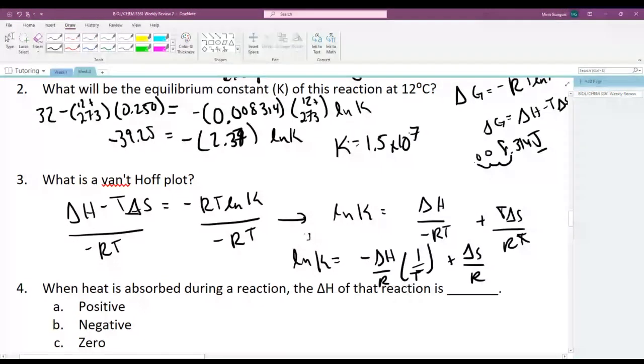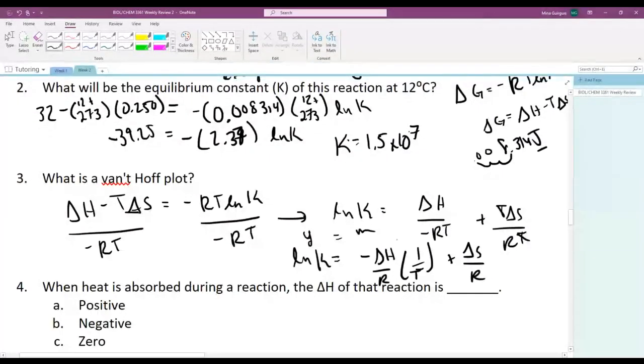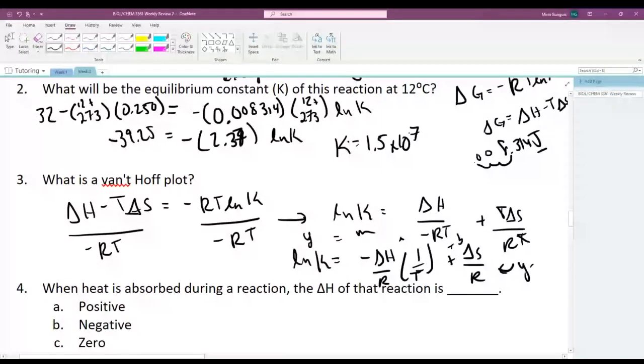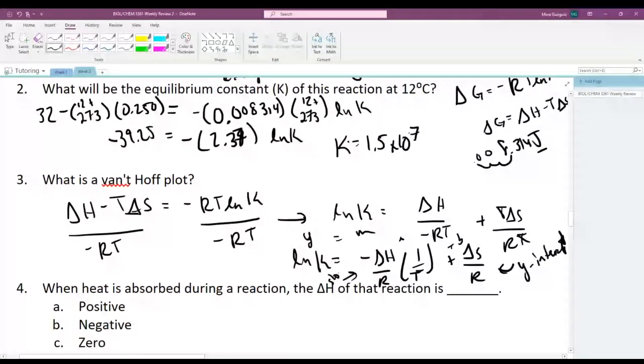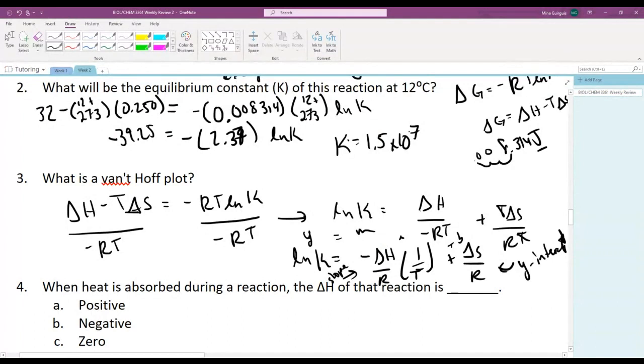Okay, so this is y equals mx plus b. So we know that our y-intercept is going to be delta S over R. We know that our slope is going to be negative delta H over R, as long as we graph 1 over T versus the natural log of K, all right?